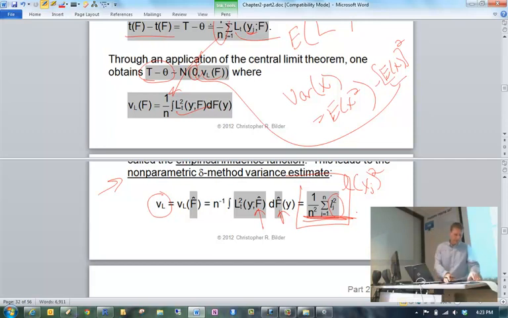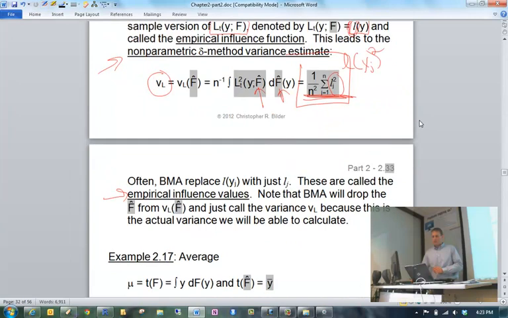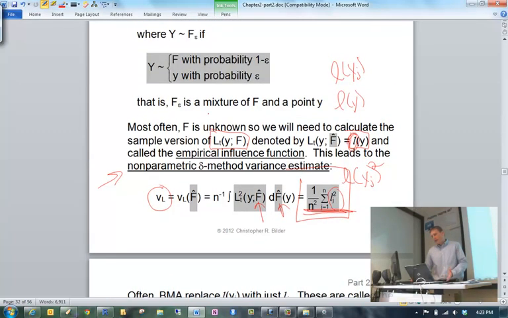Okay. So, throwing a lot of stuff at you. Why don't we take a look at an example? Oh, I'm sorry, this here? Yeah. The book uses a lot of notation to mean the same thing.